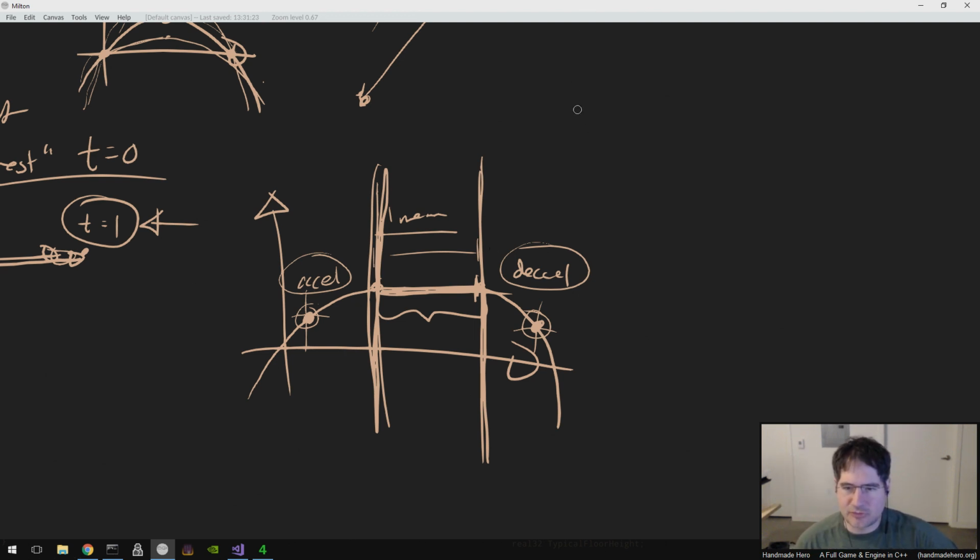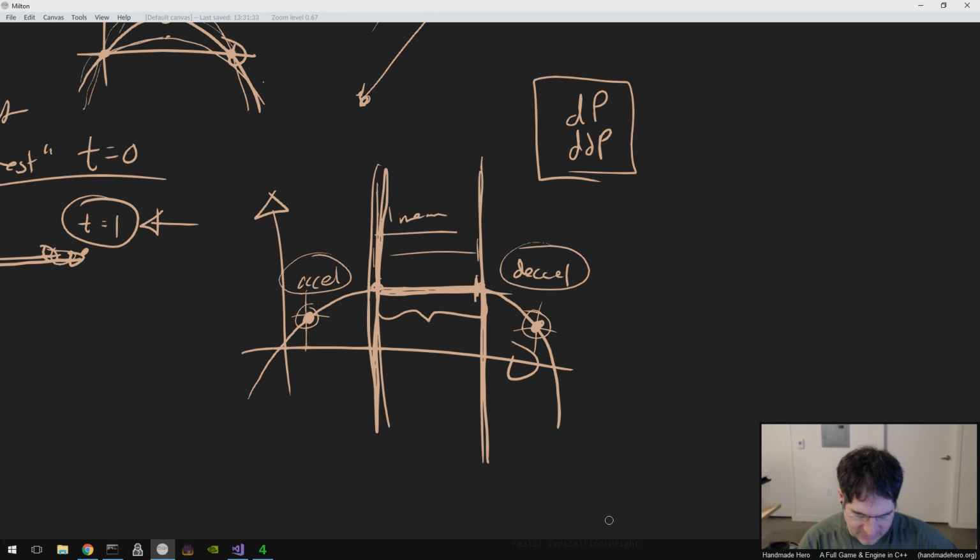Meaning, if you stored your dp and your ddp, so you had both the acceleration and velocity, then you could differentiate between the acceleration region and the deceleration region by looking at what your ddp was.